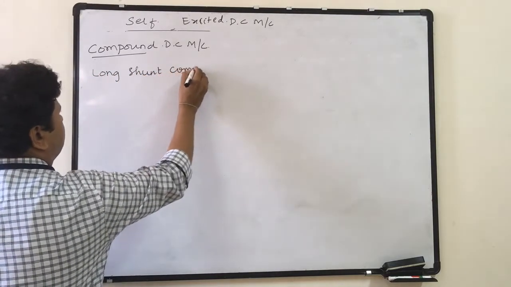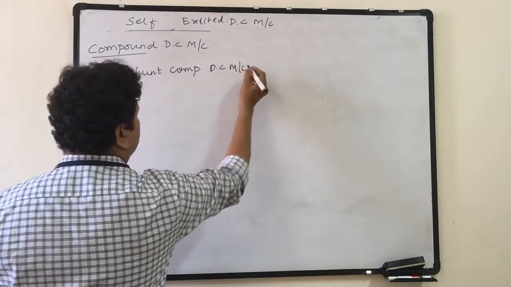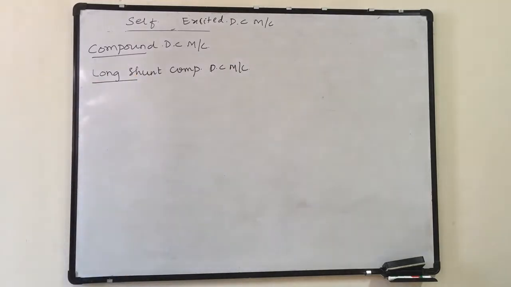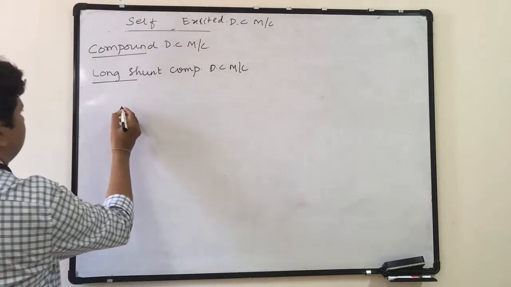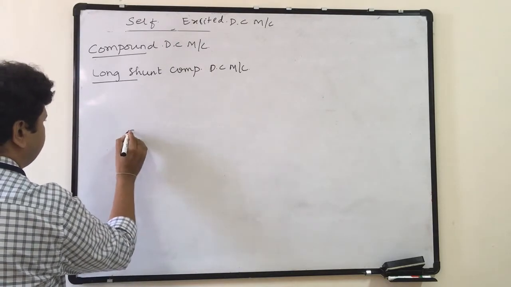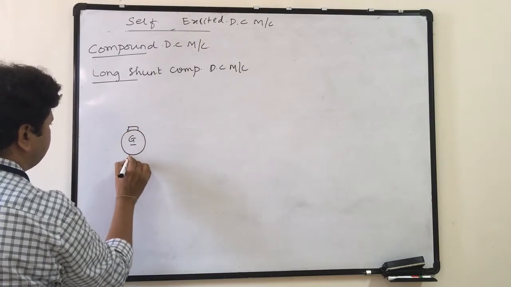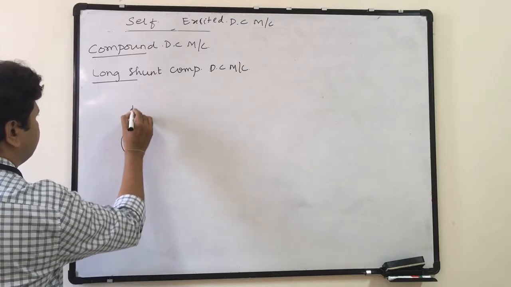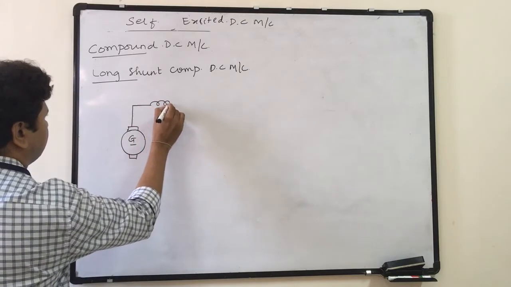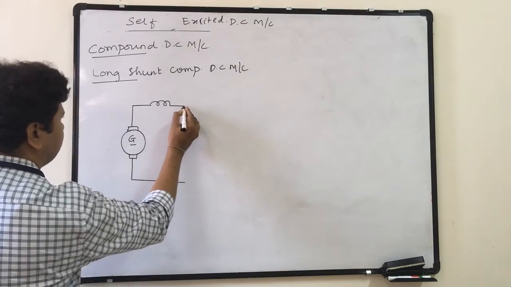Long shunt compound DC machine. In a long shunt compound DC machine, I will have an armature, as in all DC machines, and a series field.